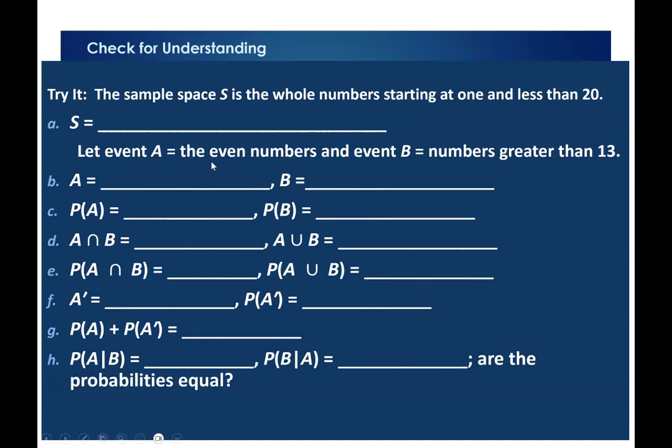Then we have event A is the even numbers, and event B are the numbers greater than 13. So list those out here in line B. Then we're going to find the probability of A, probability of B. We'll look at the intersection of A and B, the union of A or B. For line E, we'll have probability of A intersect B, probability of A union B. Then we'll find the complement of A, probability of the complement, and then what do those add up to?